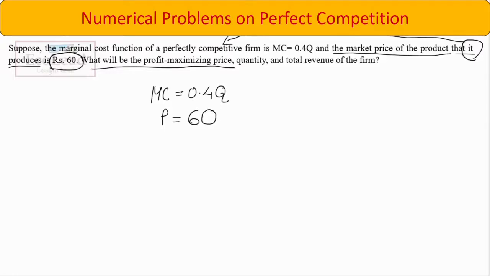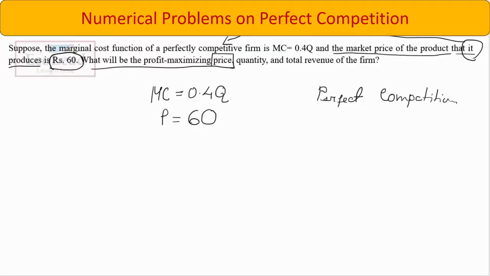So for the profit maximizing price, we first have to consider what the market condition is. In this case, the market condition is perfect competition.